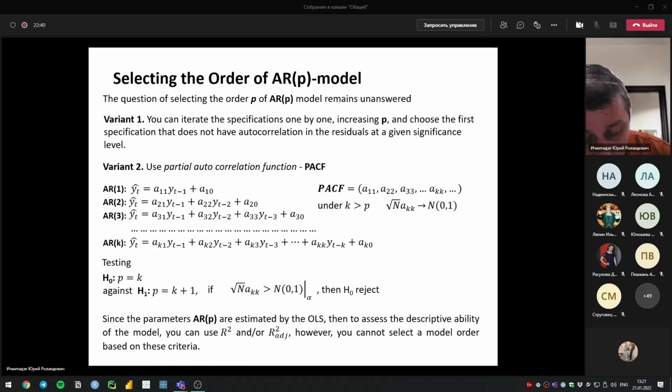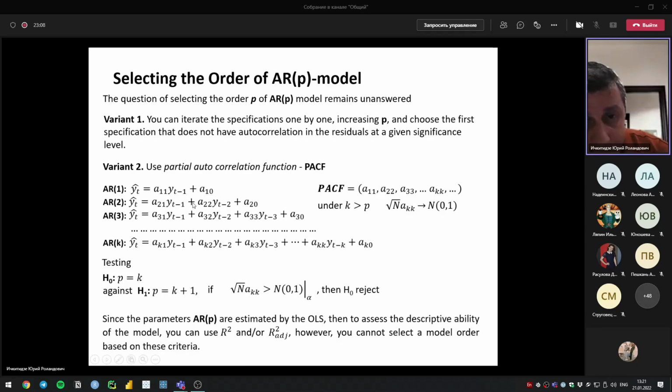That is, if it is the first model, the coefficient at y(t-1). If the second model, the coefficient at y(t-2), that is a11, a22, and a33 for the third equation, and so on.